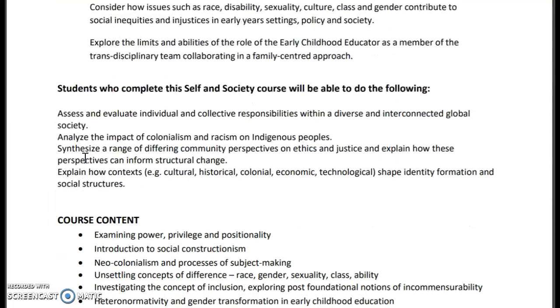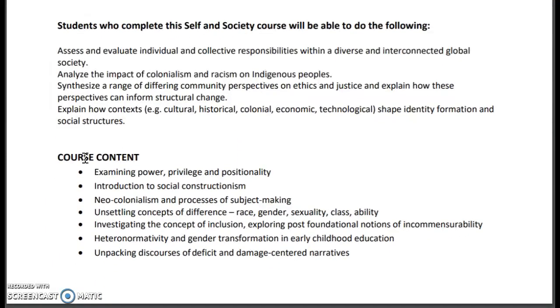So for students who complete this course, this is also a self and society course, so you'll also be able to do the following: assess and evaluate individual and collective responsibilities within a diverse and interconnected global society, analyze the impact of colonialism and racism on Indigenous peoples, specifically within Canada, but we'll be looking at the effects of settler colonization.